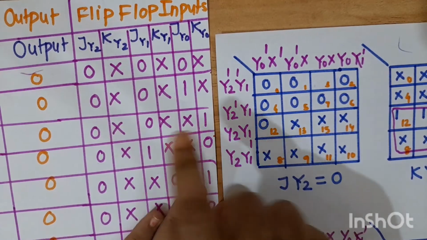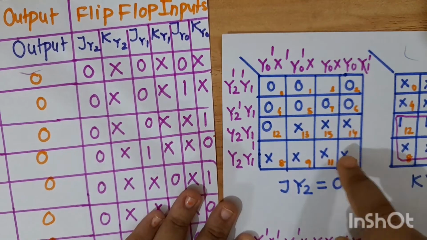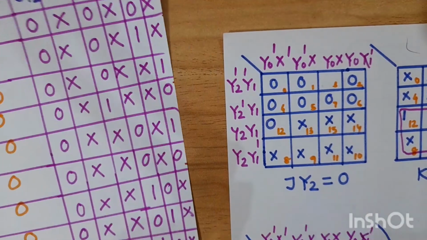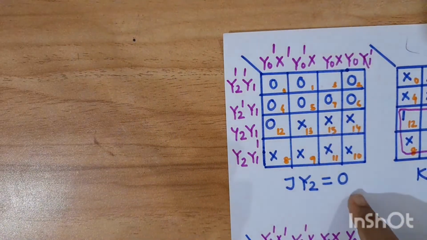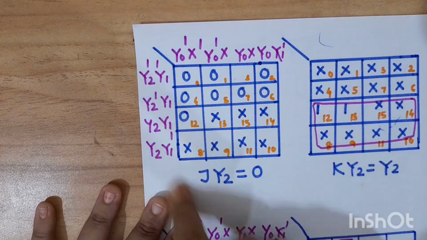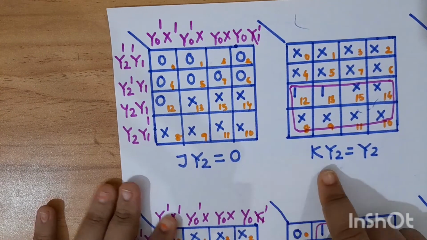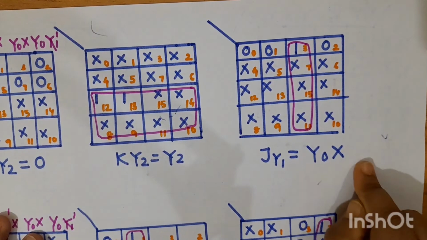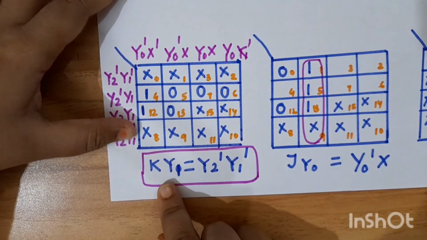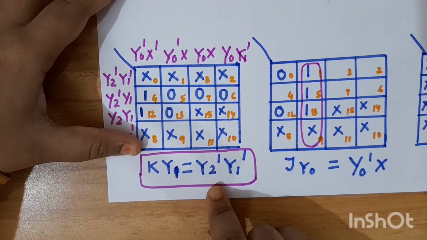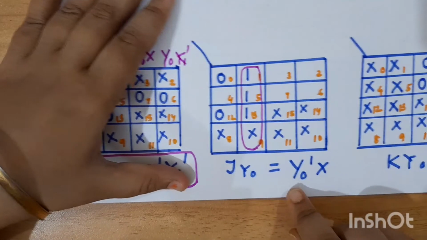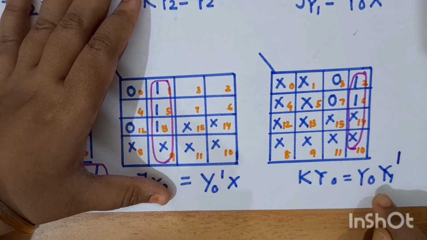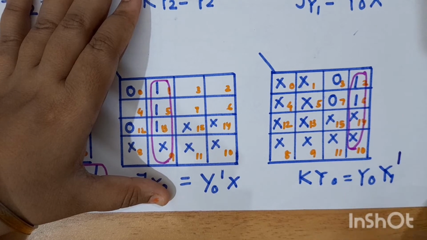So here you can make out, if you put this here, particularly for J y2, what are the input combinations for which J y2 is 0 and x, you will get the idea. And J y2 is coming as 0, K y2 coming as y2, J y1 coming as y0 x, K y1 coming as y2 dash y1 dash, J y0 coming as y0 dash x, and K y0 coming as y0 x dash.